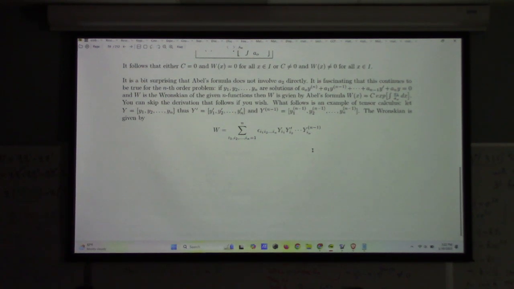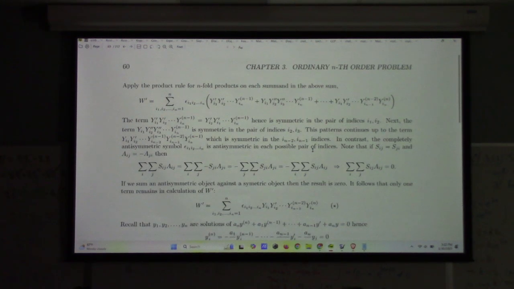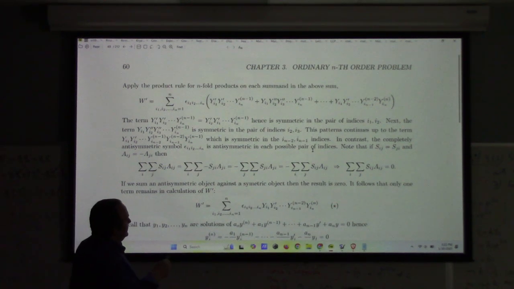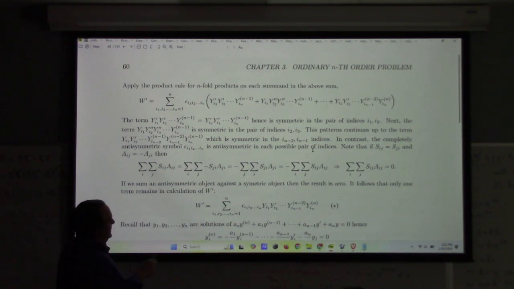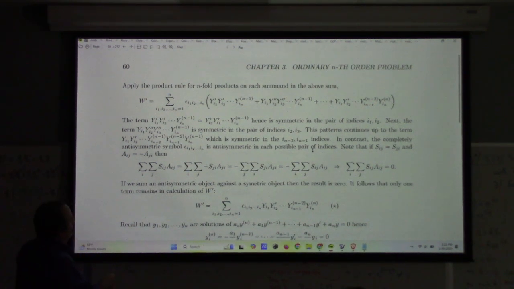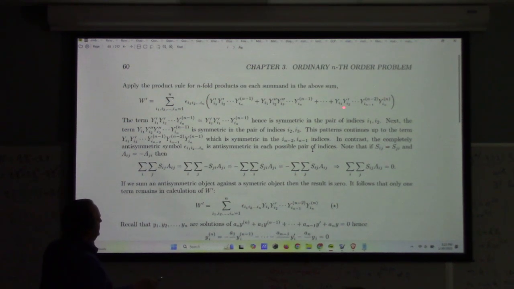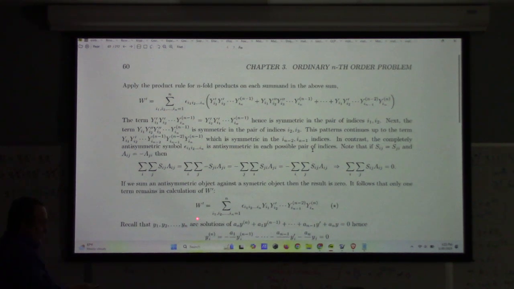When I have that formula, though, that's nice because then I can differentiate it. In differentiating it, I have to attack it with the n-fold product rule, which I do here. And then if you keep differentiating it, you get higher derivatives. But the larger point is that once you have this, you can study it and see that you've got a symmetry and an anti-symmetry in a pair of indices, and as such certain terms go to 0. And that leaves you with this.